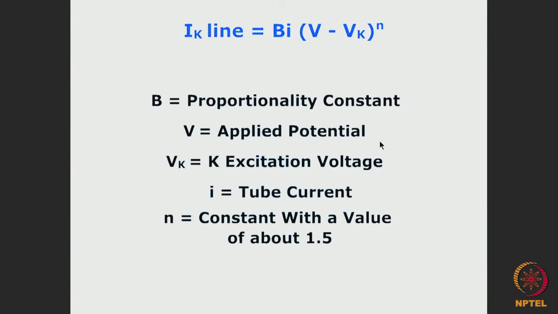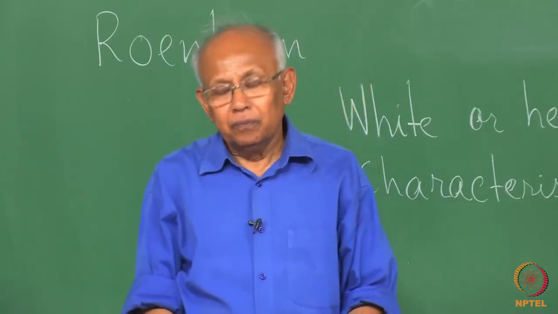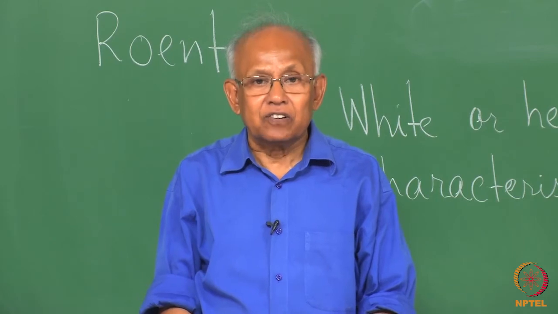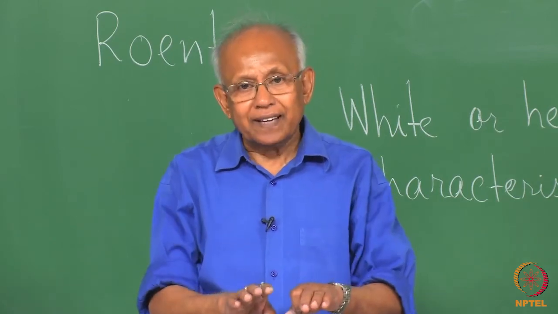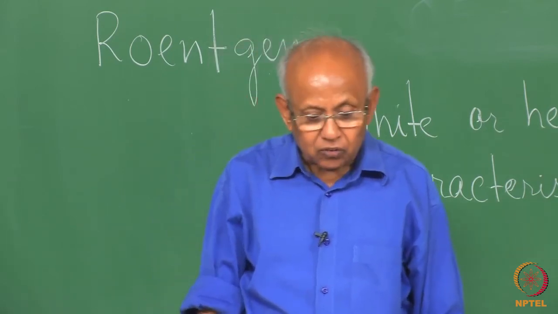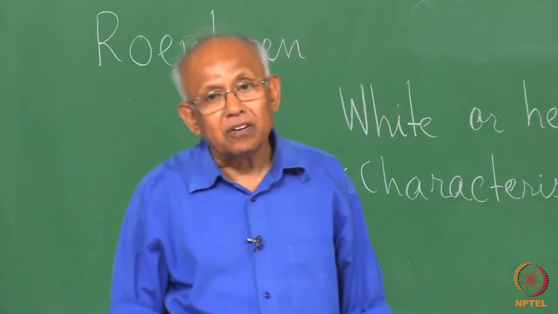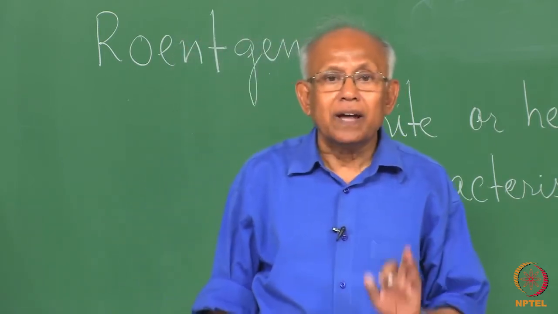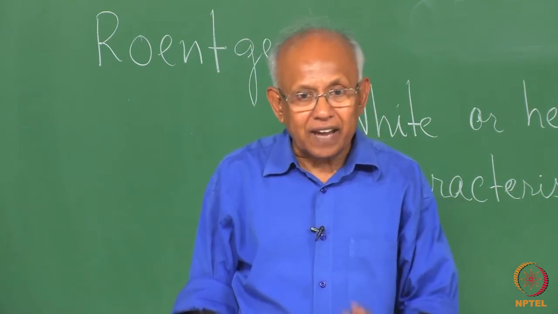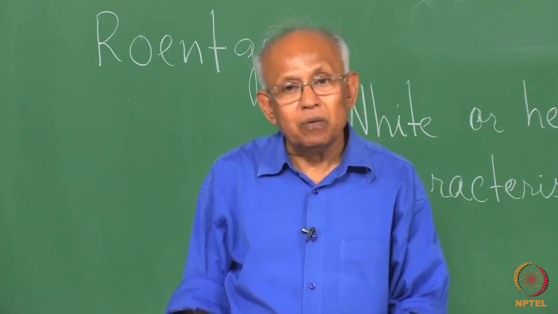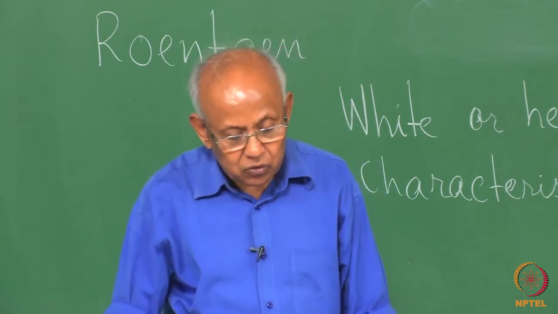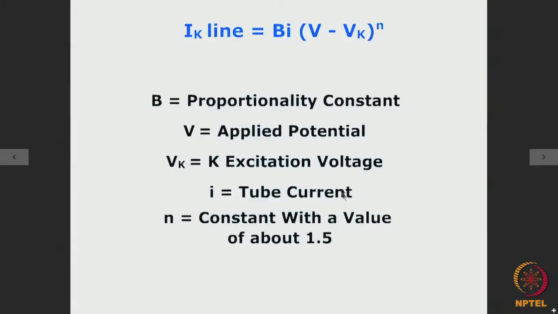It is that voltage below which there will not be any characteristic radiation produced and above which the characteristic radiation will be produced. So, V k is the K excitation voltage for that particular target. It is not the same for all targets, so V k will differ from target to target. I is the tube current, the current passing through the filament, and small n is a constant with a value of about 1.5.